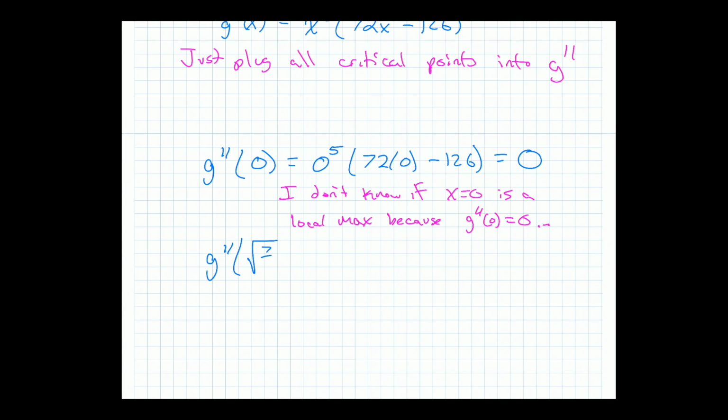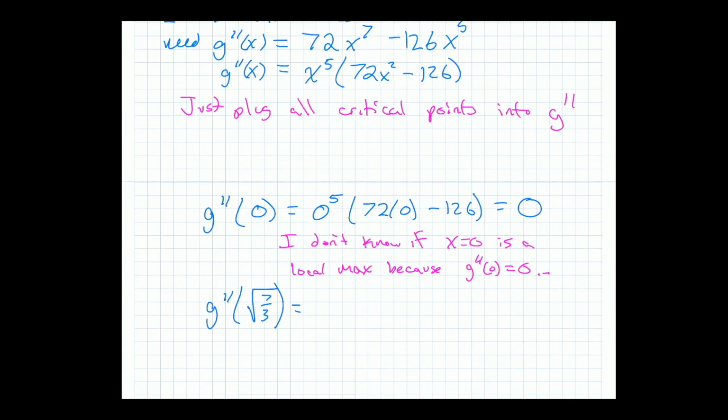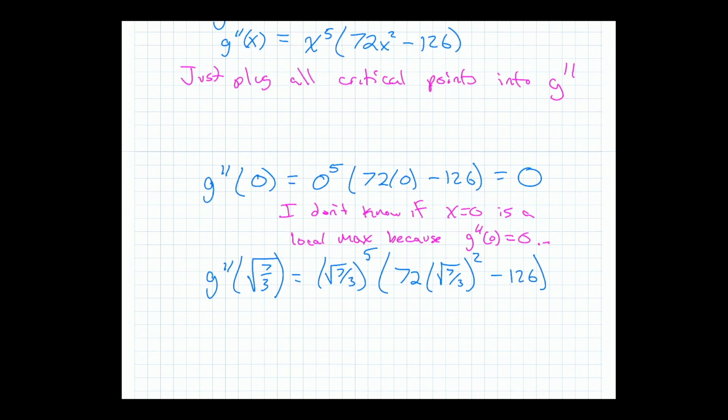We'll do the plus. So that is going to be root 7/3 to the 5th, times 72 root 7/3 squared minus 126.